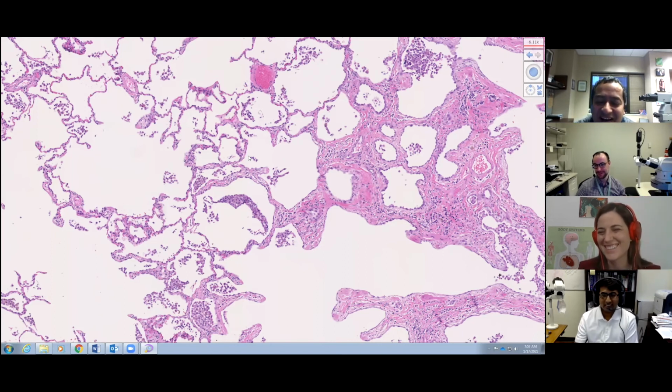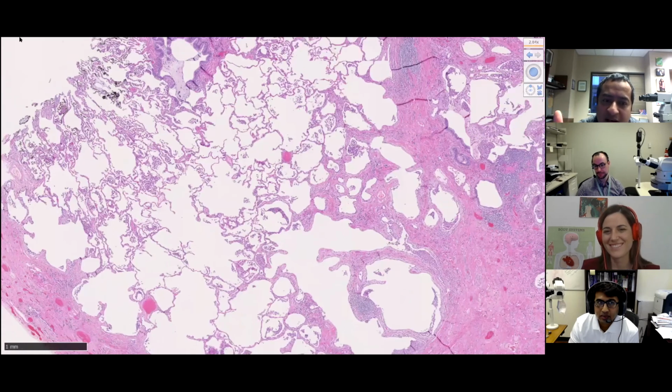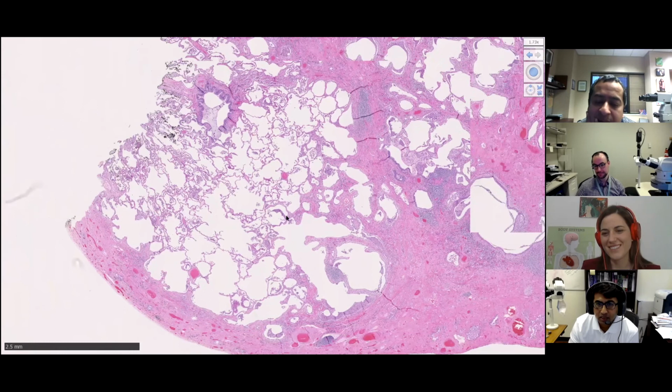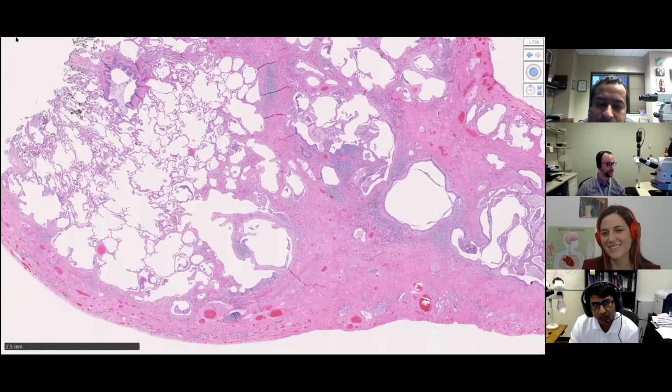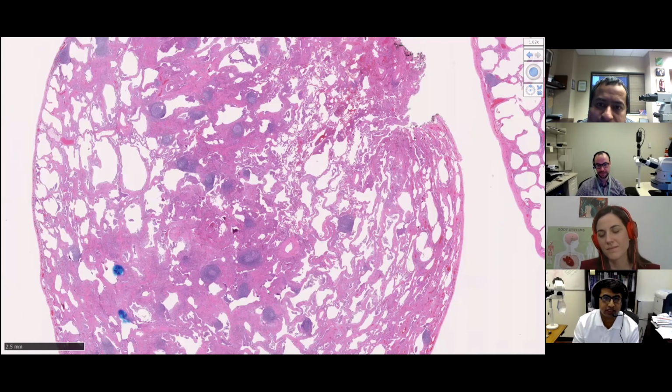All right, Raghav, great case. Just to finish the case, Raghav, can you summarize for us what your pathologic diagnosis was, and in the end, what the clinical diagnosis was, combining everything? Yeah, the pathologic diagnosis: we said it's a UIP pattern, and I described interstitial lymphoid aggregates with germinal centers.